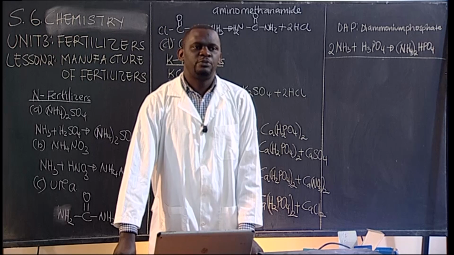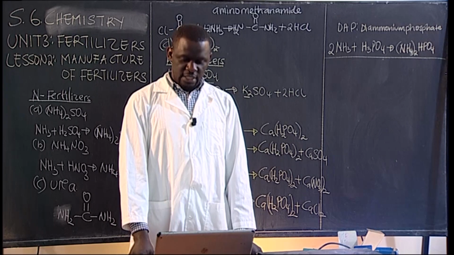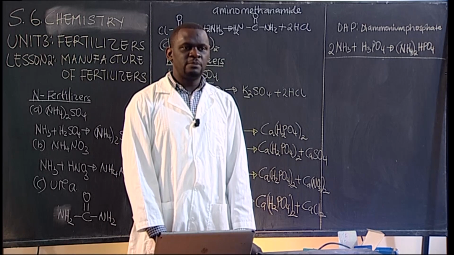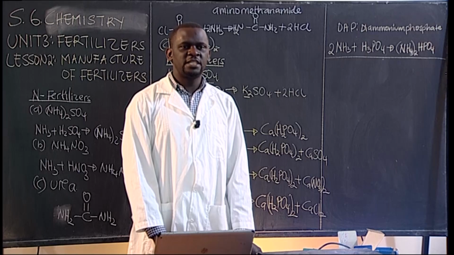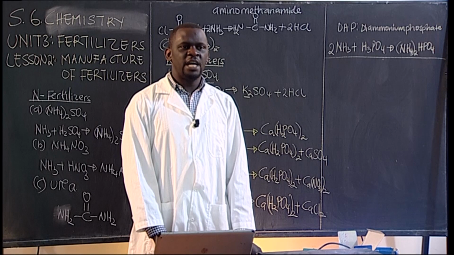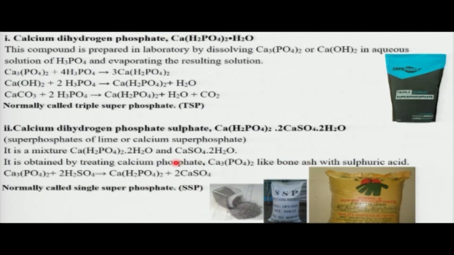These minerals are converted into soluble materials by reacting them with phosphoric acid, sulfuric acid, nitric acid, hydrochloric acid to form what we call the superphosphate, triple superphosphates, and the nitrophosphates, as you're going to see in our examples.